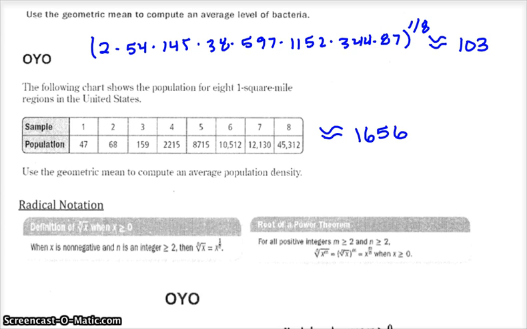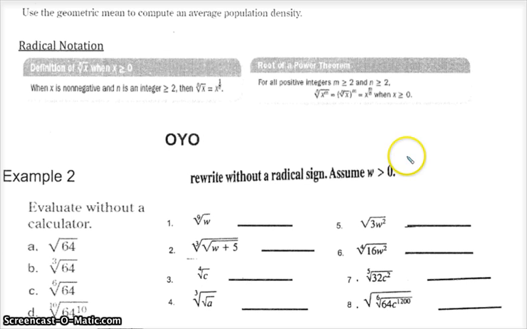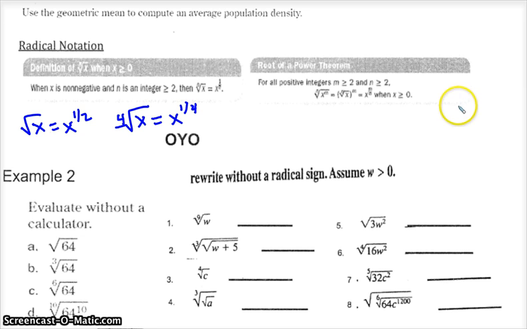Alright, let's spend some more time looking at radical notation. As mentioned above, I can write the square root of x as x to the 1/2 power. I could also write the fourth root of x as x to the 1/4. Now, what if I've got x raised to a power?